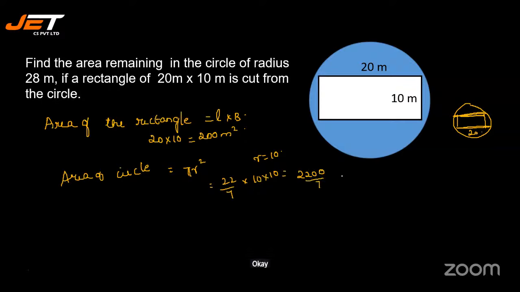You are getting it: 20 meter into 10 meter is cut from the circle. Let me calculate together.